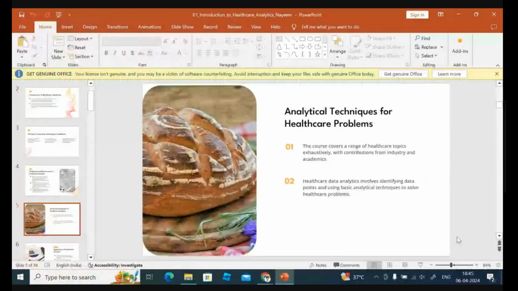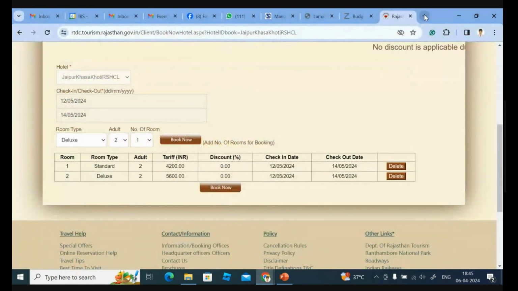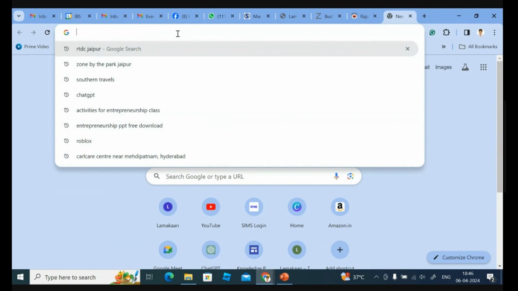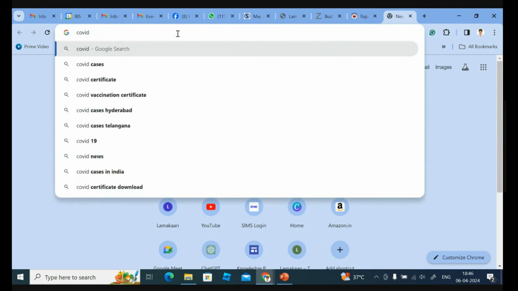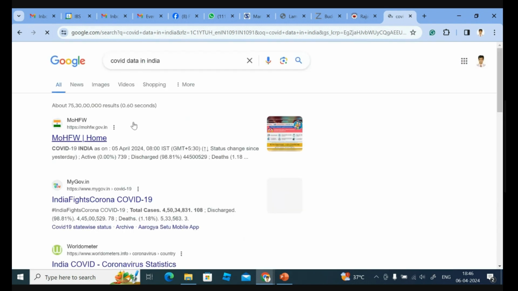Okay, so let me take you through there. All right, let's search, and I wanted to take you to this site. I'm doing a simple Google search, just to show you, for COVID data in India.